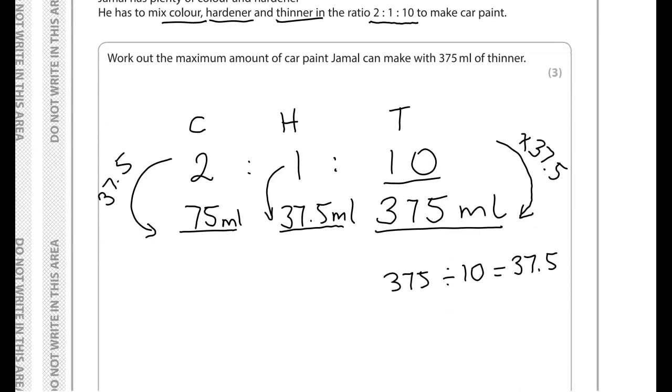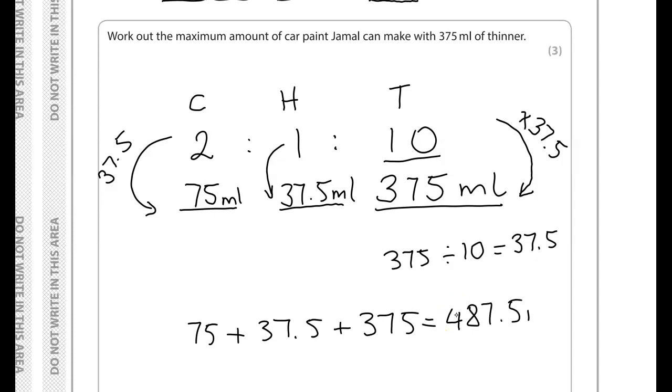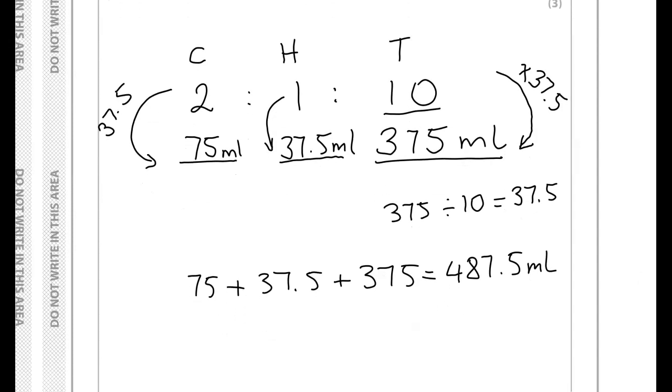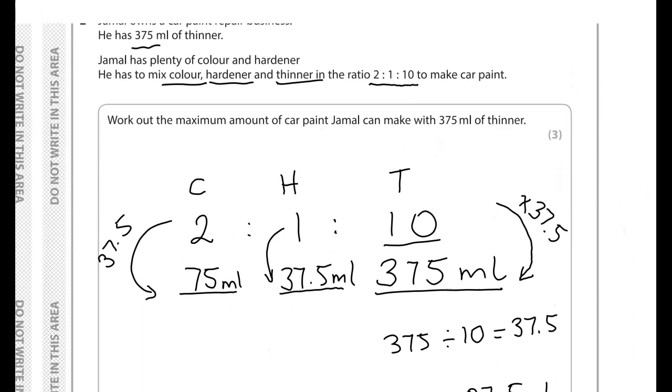Now in total, this is going to be 75 add 37.5 add 375. And that is 487.5 milliliters. That's the maximum amount of car paint that Jamal can make with 375 milliliters of thinner.